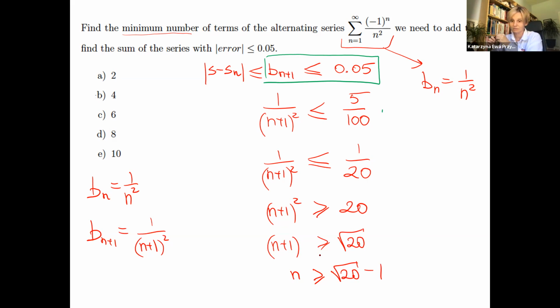But under what circumstances do we flip the inequality? We just want to solve it for n. We're looking for the n values, and we're looking at what number of n satisfies this. That's when I'm just solving.